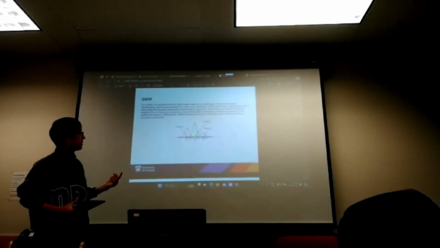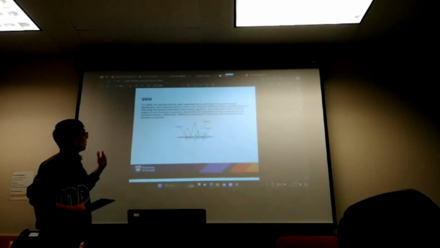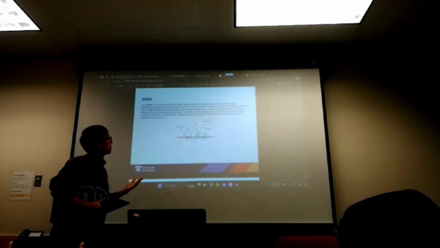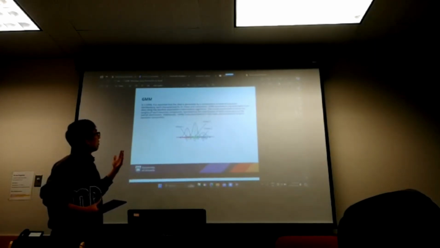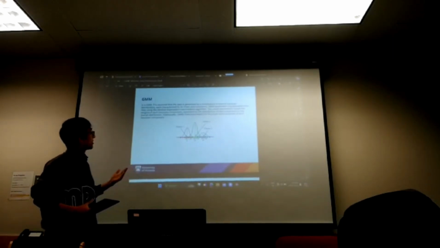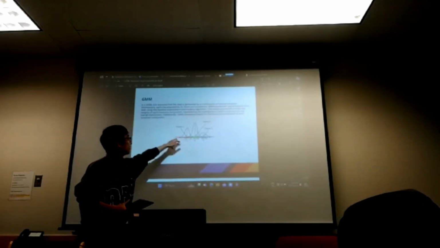Sorry. The next unsupervised method is the Gaussian mixture model. What does Gaussian mixture model mean? When we use a Gaussian mixture model, we assume all the data is generated by a combination of several Gaussian distributions. Just like this.